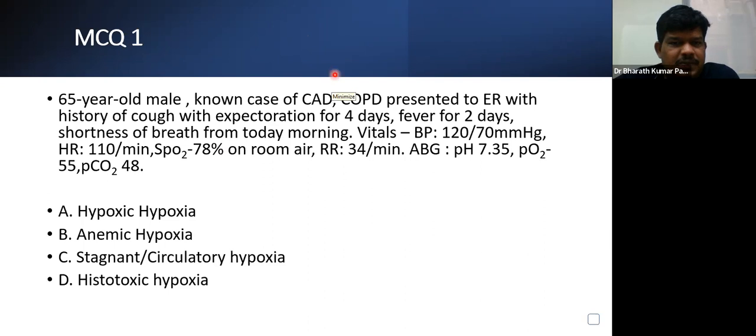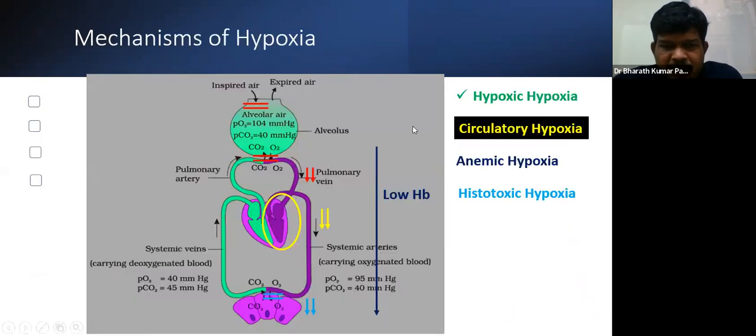I can see one C. Any other answers? Okay, one more A. Any other answers? Okay, so we would see what it is.